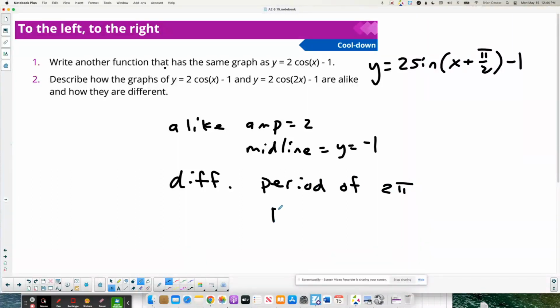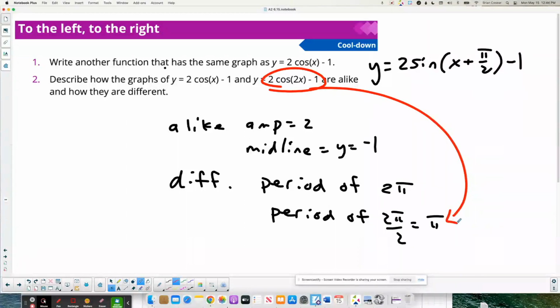The other one has a period of 2 pi over 2, which is pi. Okay. That would be this one is a period of pi, and this one is a period of 2 pi. All right. So hopefully you guys understand how to change the period length on a sine or cosine function.